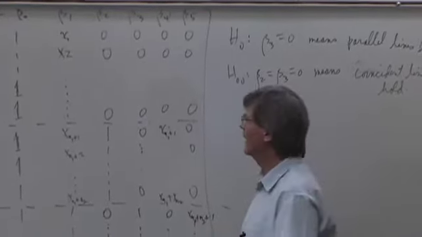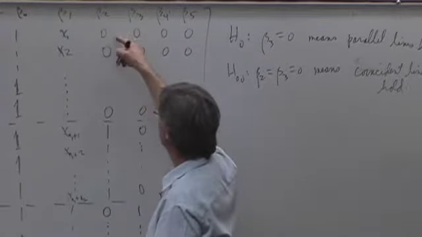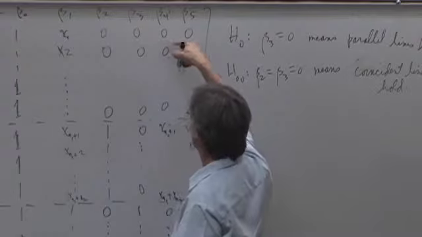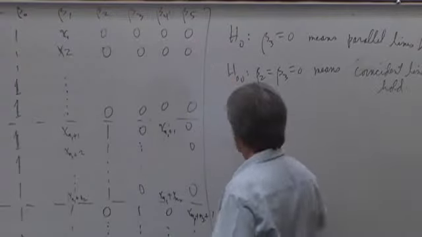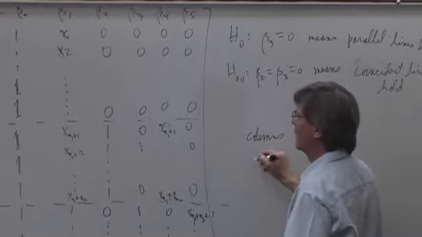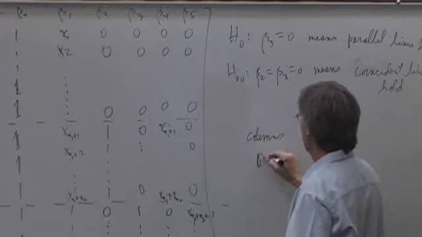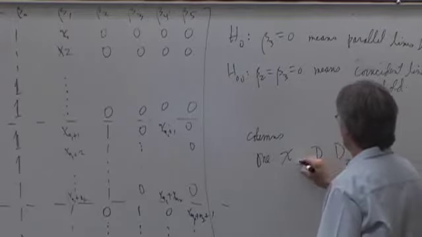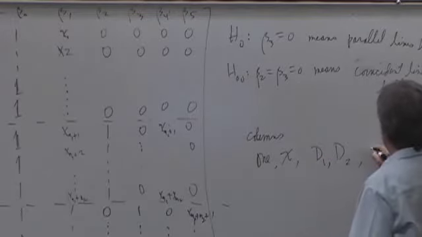These columns can now be labeled as 1, x, D1, D2, XD1, and XD2. So now the columns are 1, X, D1, D2, XD1, and XD2.